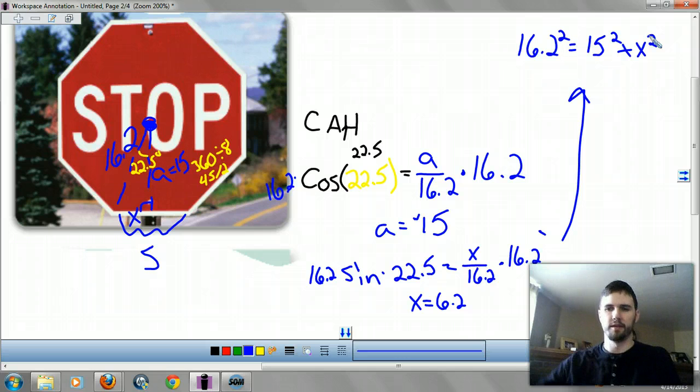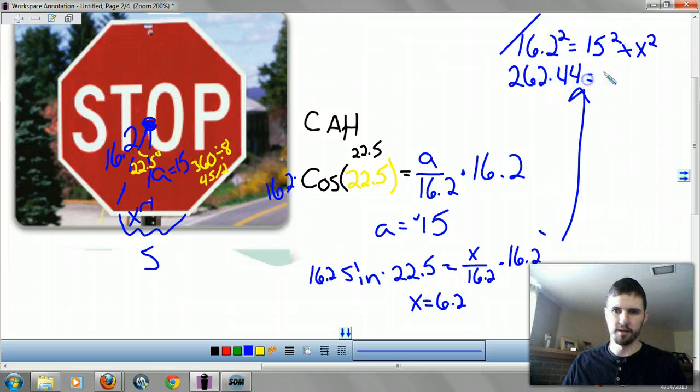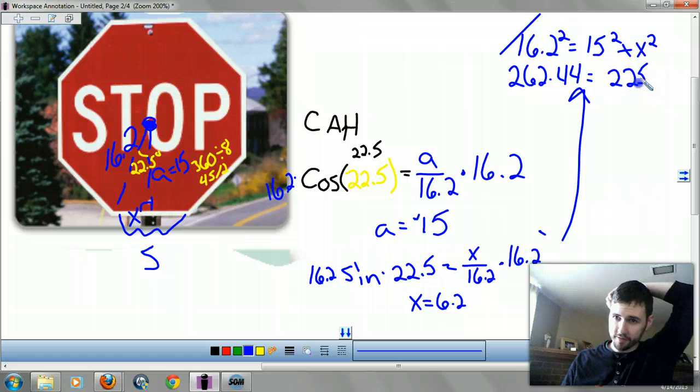And if you do it this way, you get 262.44 equals 225 plus x squared.